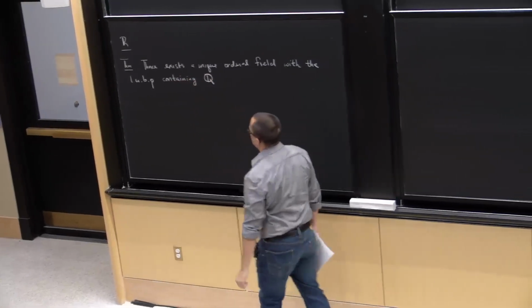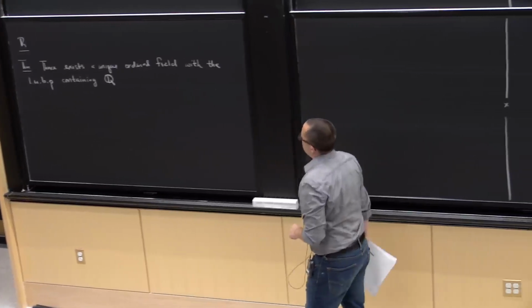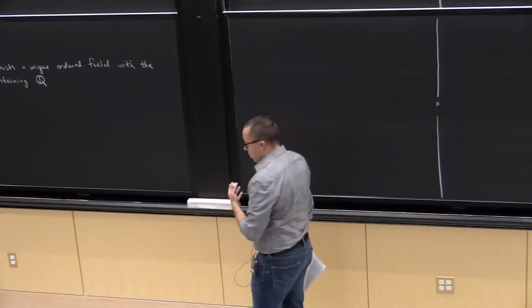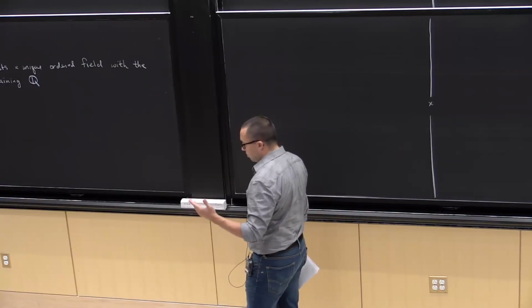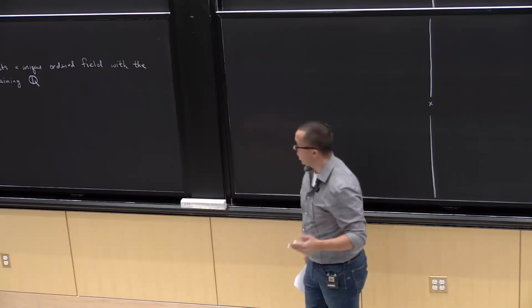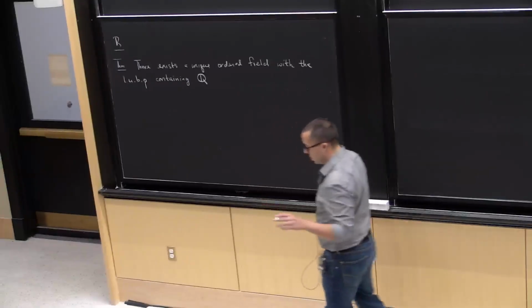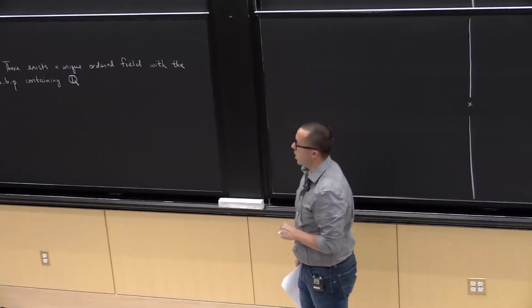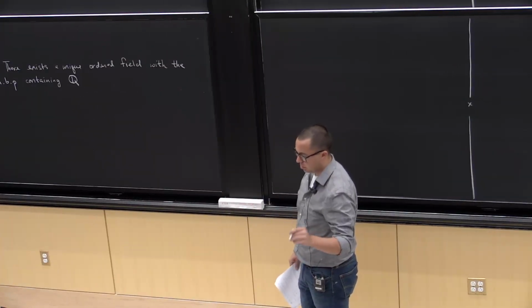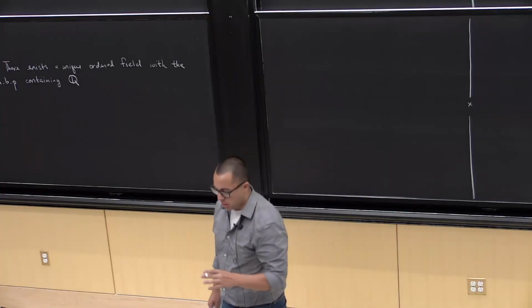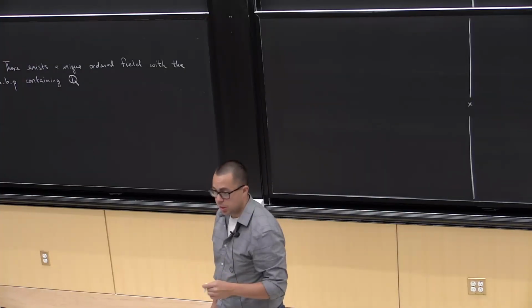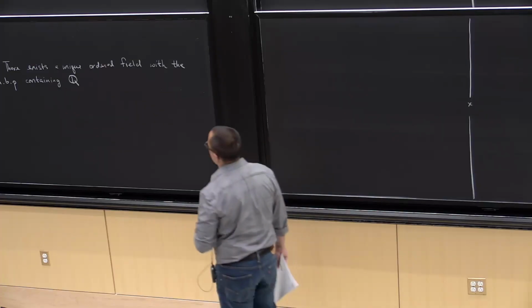containing the rational numbers. Remember, a field is a set that has operations plus and multiplication. An ordered field also has an order on it, and this order interacts with addition and multiplication in natural ways.